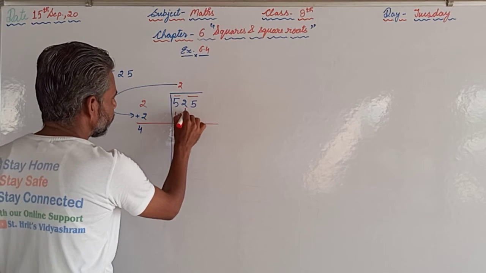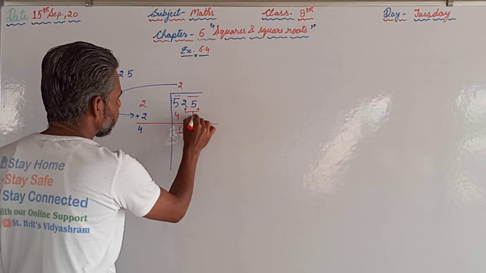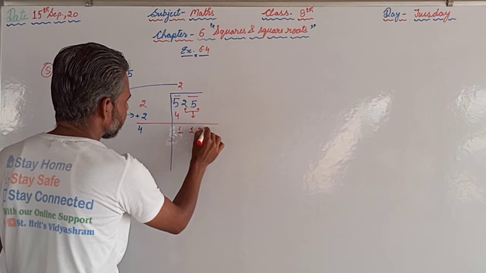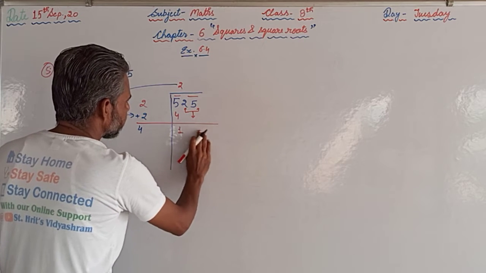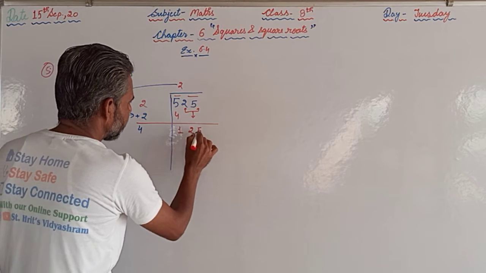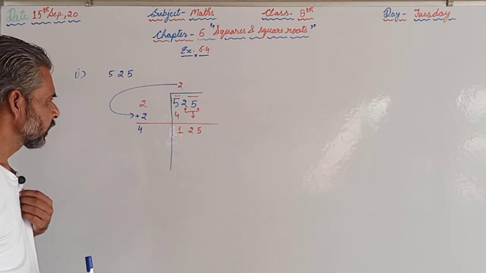Afterwards we are supposed to borrow the next pair, that is the 25, and the number becomes 125.